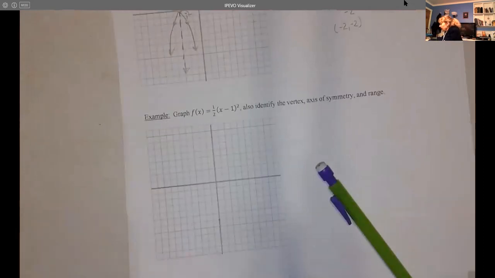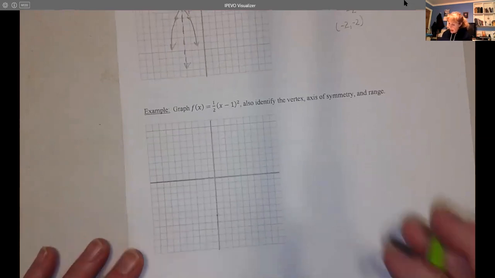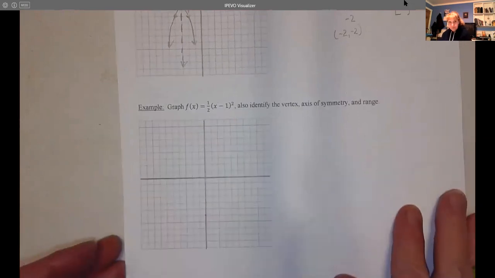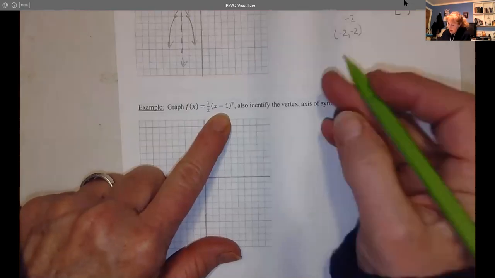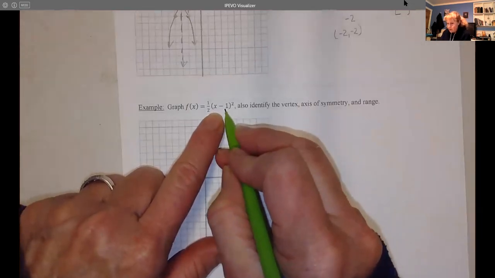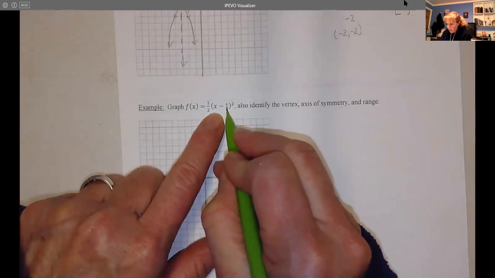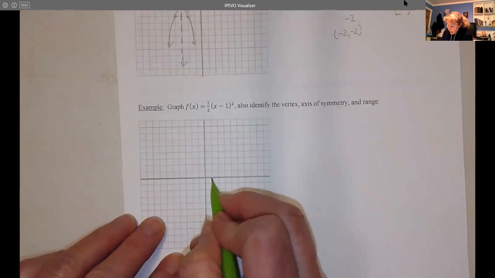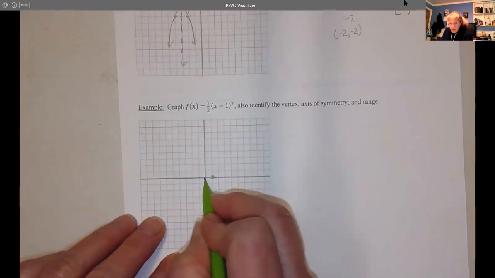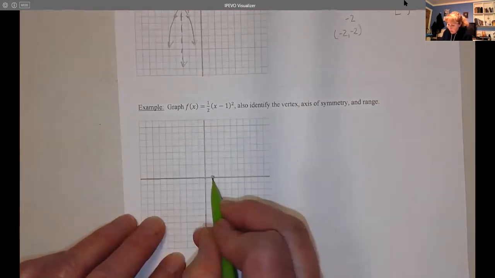All right, now let me look at this one right here. Our vertex is, we're going to go to the right one, but we're not going to go up or down. So we're going to go to the right one from the parent graph at 0, 0. Why right?